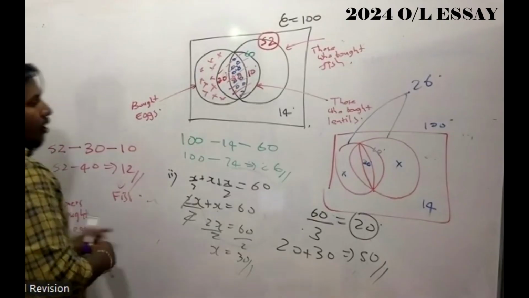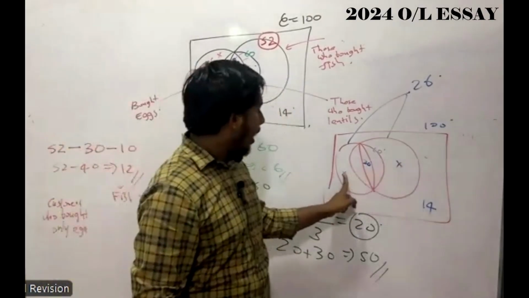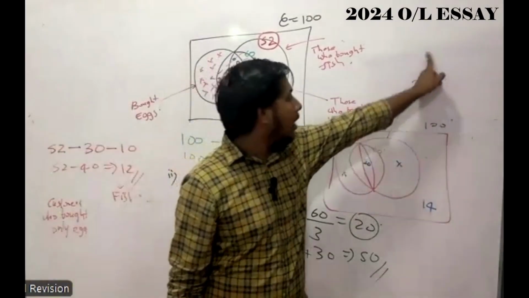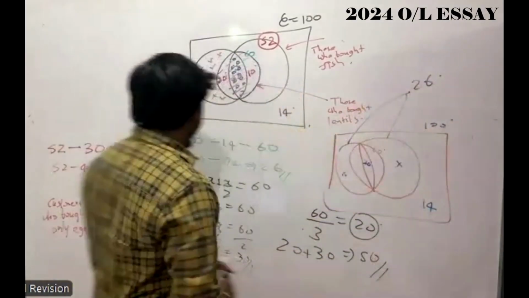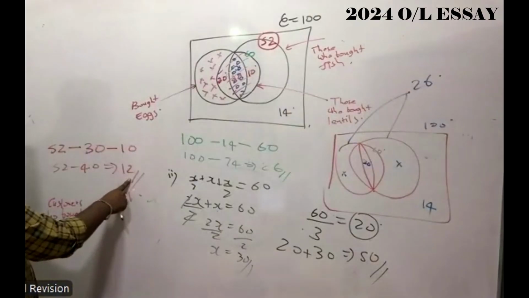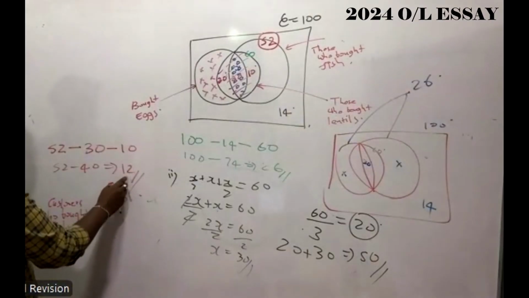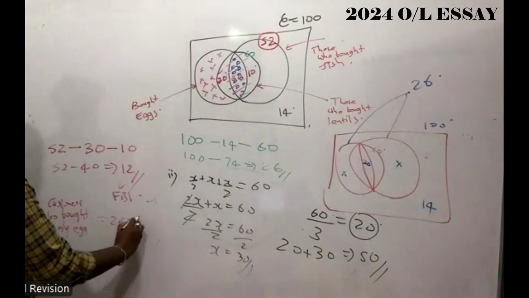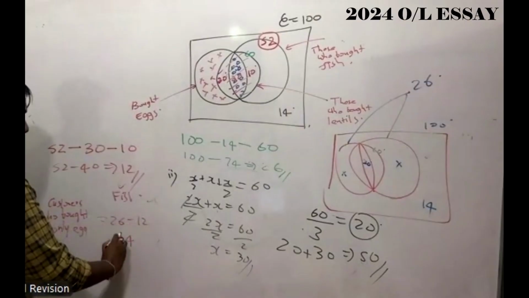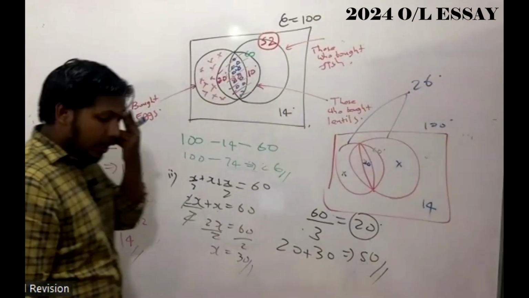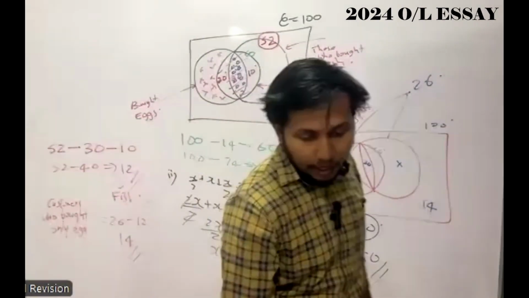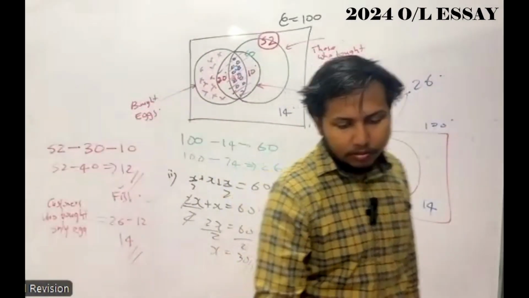So fish only and eggs only together is 26. From 26 you have to subtract the customers who chose only fish. So from 26 if you subtract 12, the answer is 14. This is the final answer they are asking, the number of eggs only.